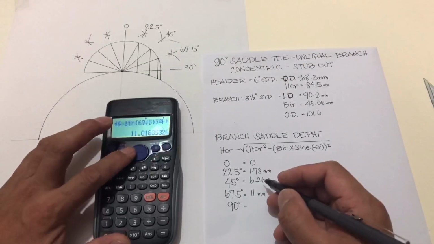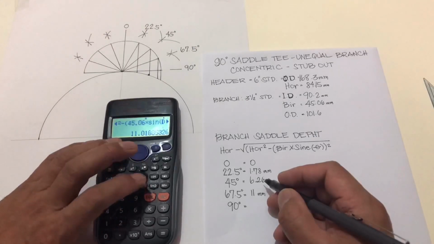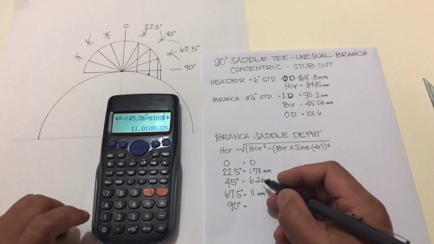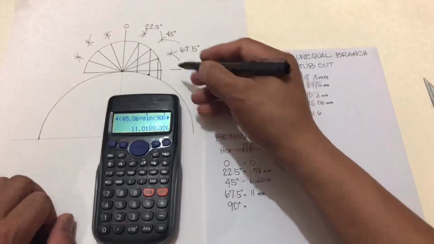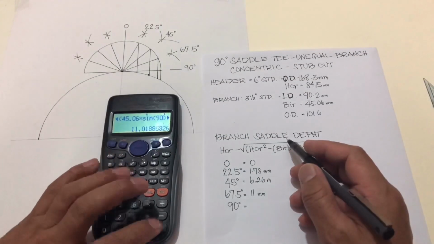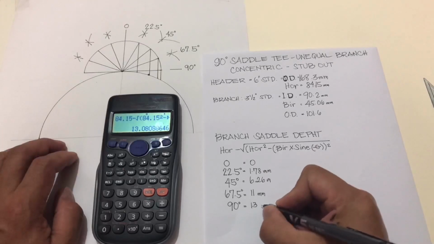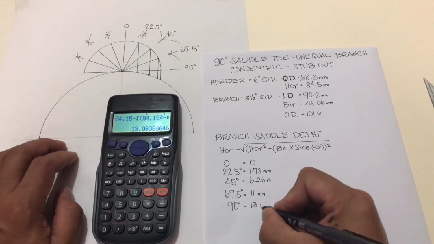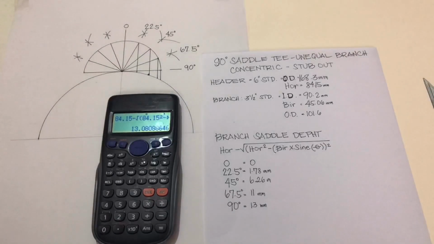Then next, delete those and change it with 90 degrees for that saddle depth equals, so that is 13 millimeter. Okay, that is our saddle depth.